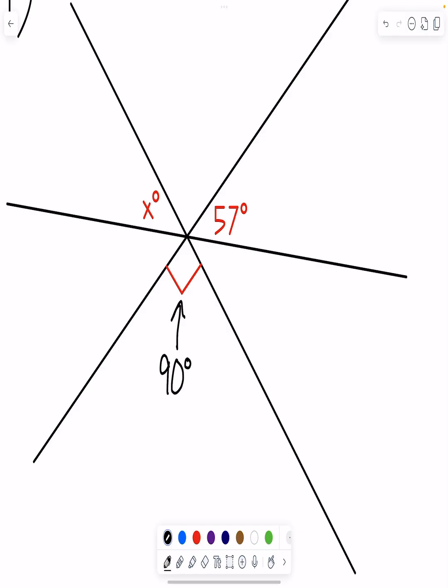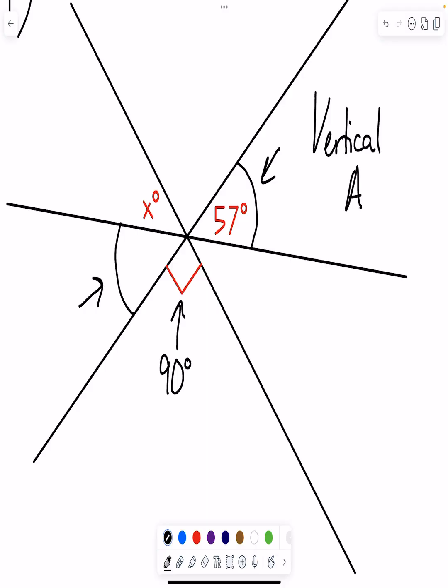And then if that's 90 degrees, there's an angle pair that forms between this 57 and right here. And we know that to be vertical angles. So we have some vertical angles that form. And so this over here should also be 57 degrees.